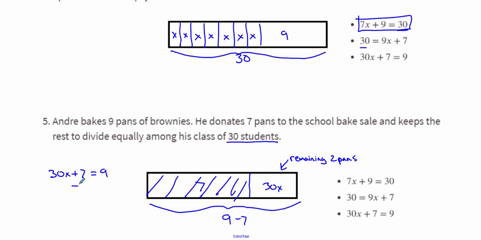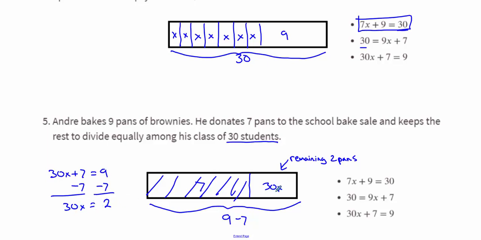So I'm going to take away the 7, which is going to leave me with the 2 pans that equal 30x, right? So the remaining 2 pans is 30x.